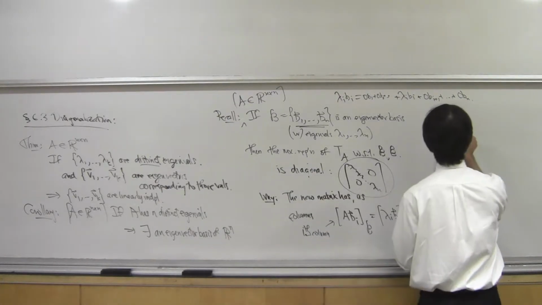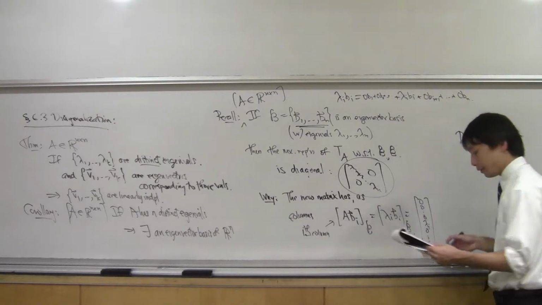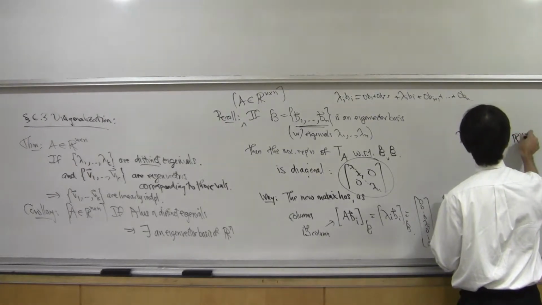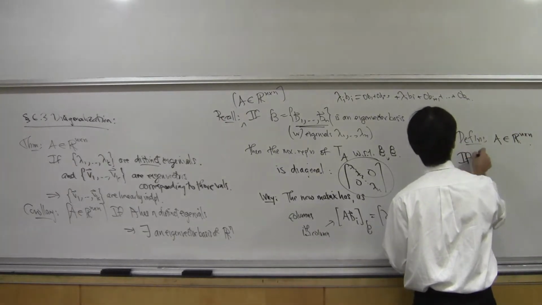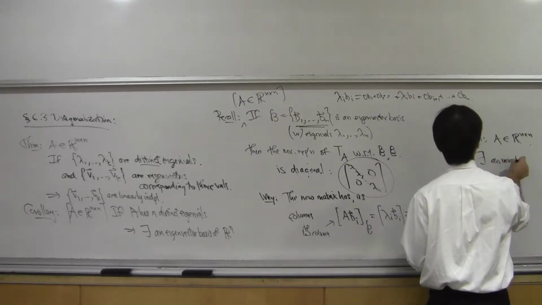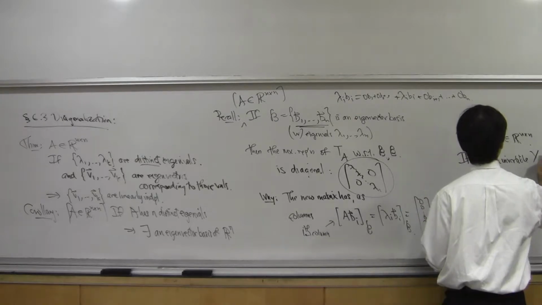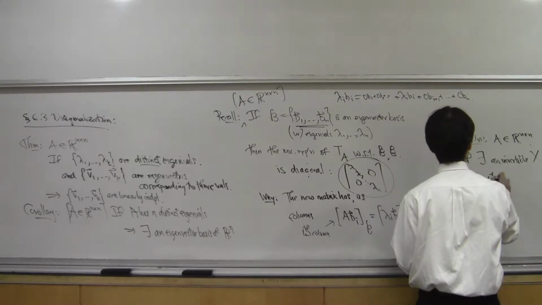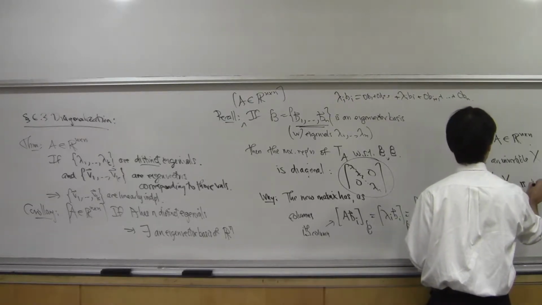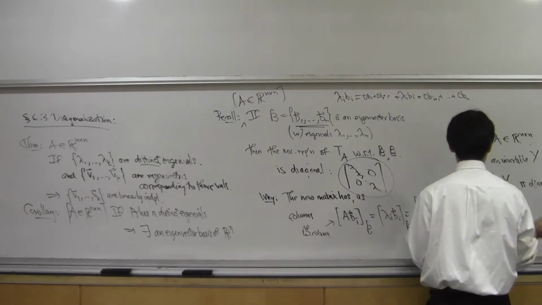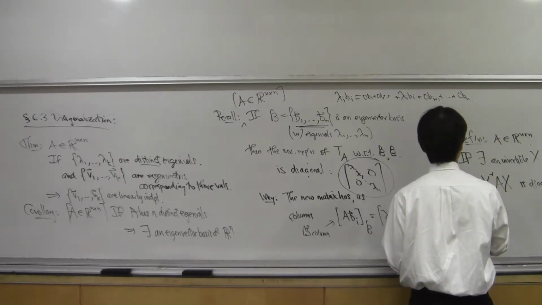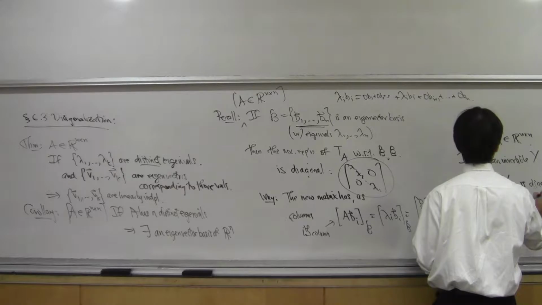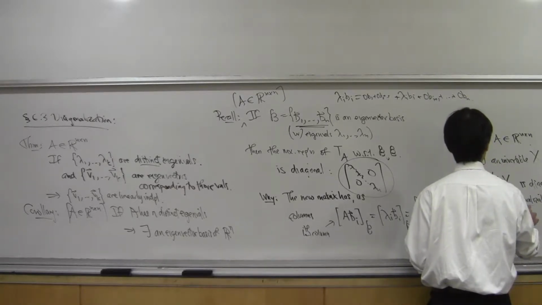Before we give it, let's introduce an obvious definition. If you have an n by n matrix A, and there exists an invertible matrix X such that X inverse AX is diagonal, then we say A is diagonalizable, or some people say just diagonable.